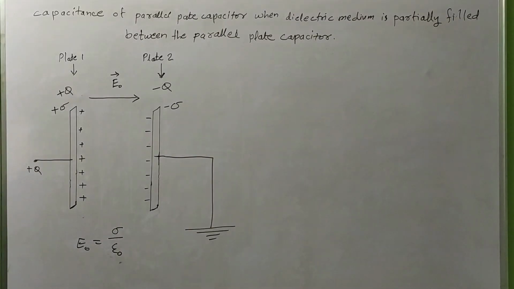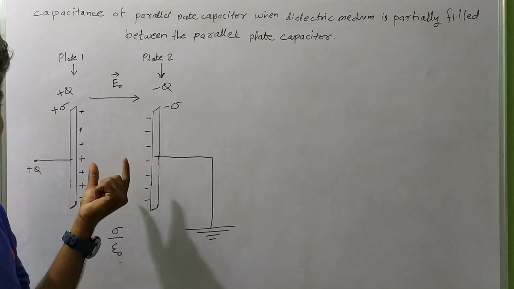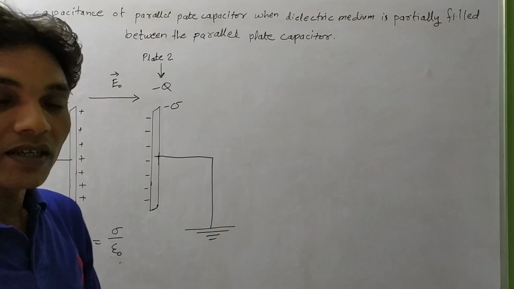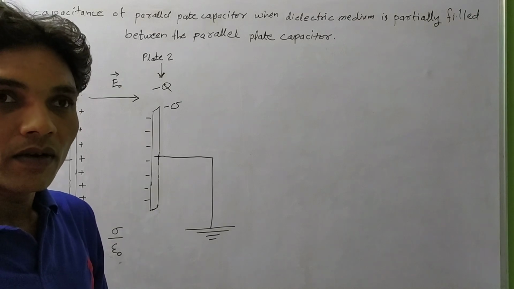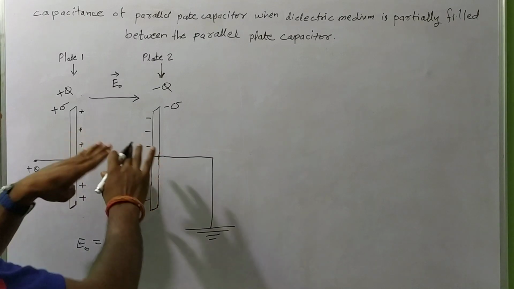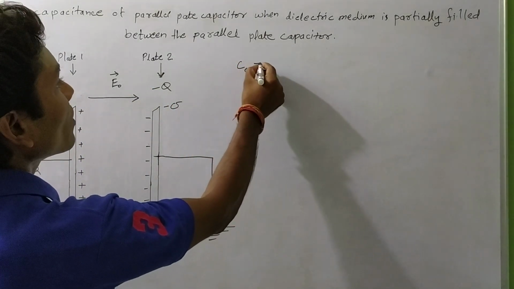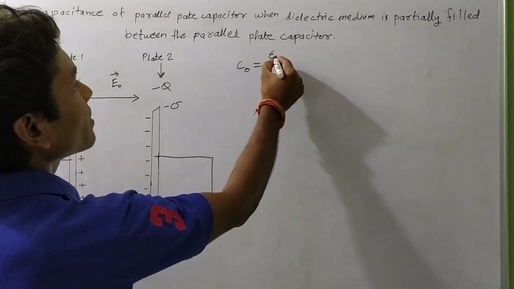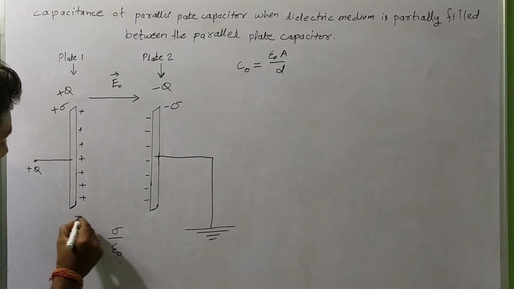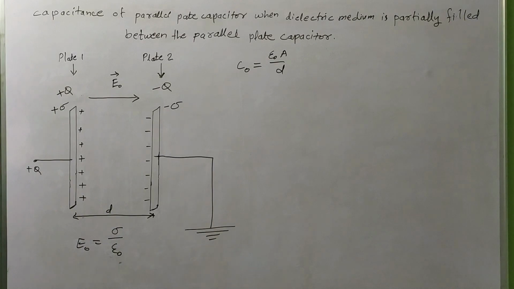Now, of this parallel plate capacitor, a capacitance should be there. So the capacitance of the parallel plate capacitor when no dielectric material is kept between the two plates will be C naught equal to epsilon naught A upon d, where d is the distance or separation between the two plates.